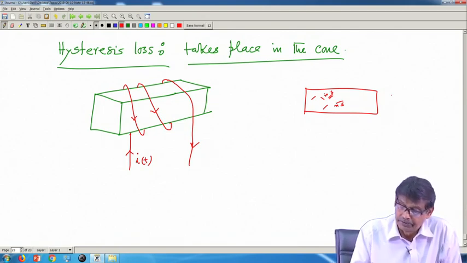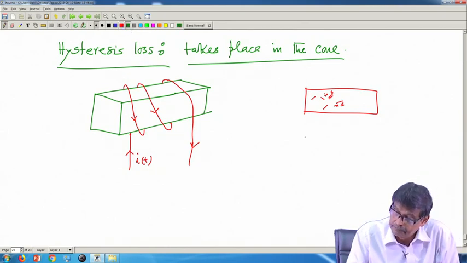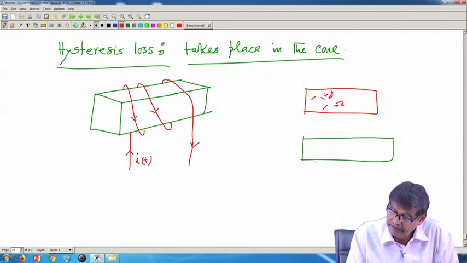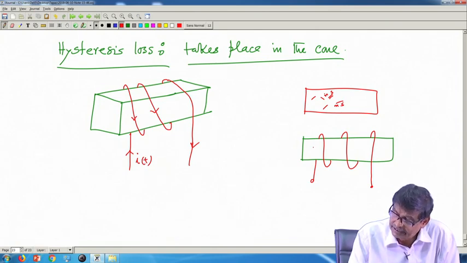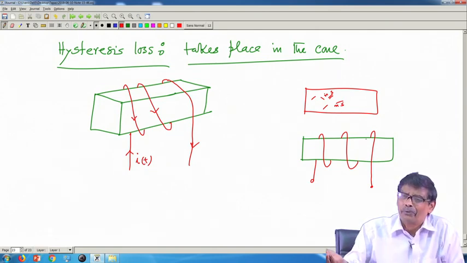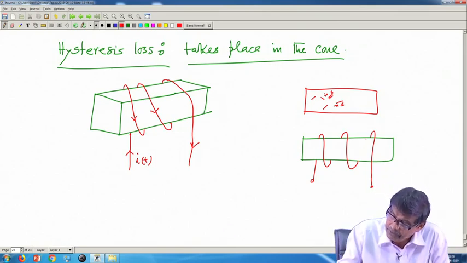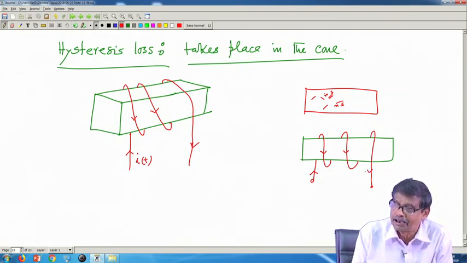So, what you are doing, the moment you apply some current, I will draw now a sectional diagram. Inside this there are tiny magnets which are haphazardly oriented and we do not see any magnetism in it. But if you pass some DC current to this iron bar, that is how I make permanent magnets, you know.